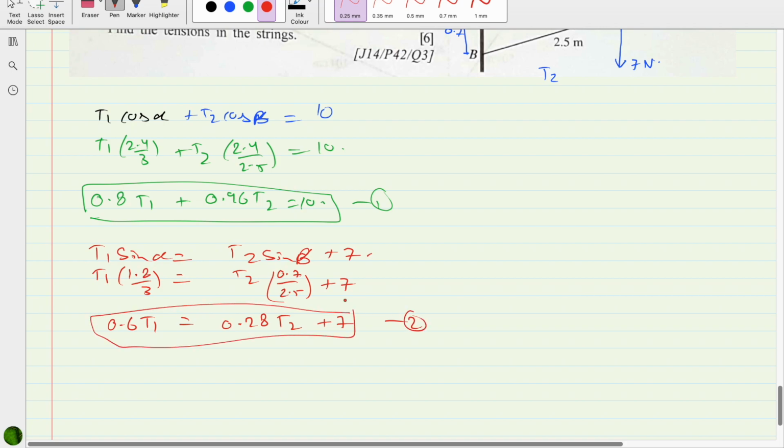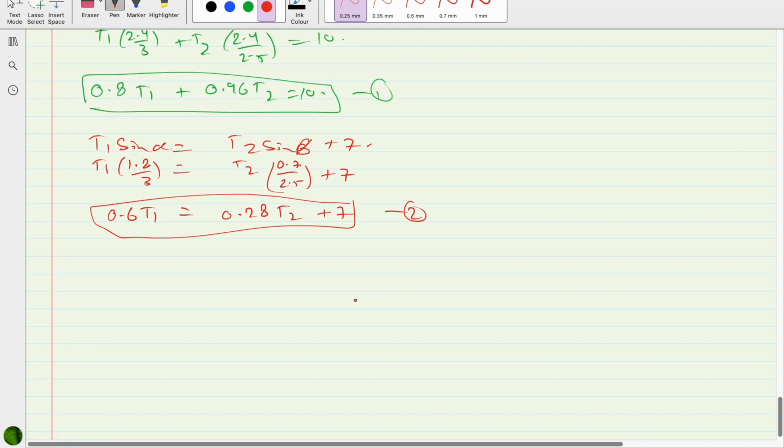Now we can use any equation to make one of them the subject and solve for T1 and T2. I'm using the second equation. T1 is equal to, dividing by 0.6 on the other side, 0.28 divided by 0.6 is 7 by 15 T2, plus 7 divided by 0.6 is 35 by 3.